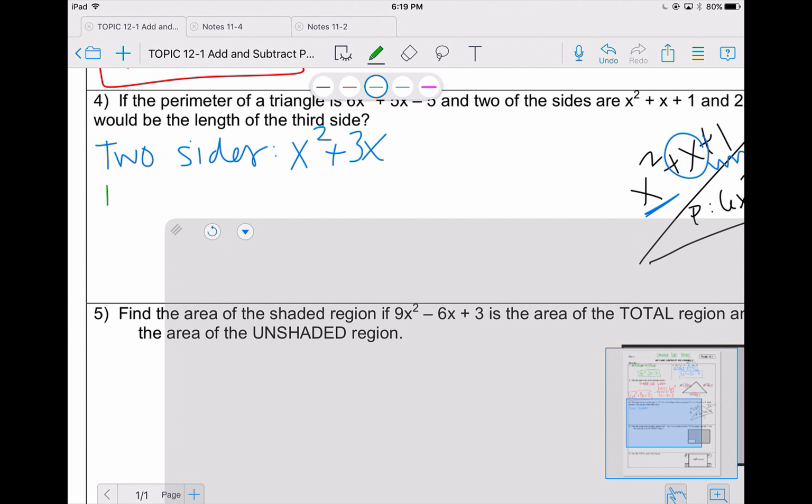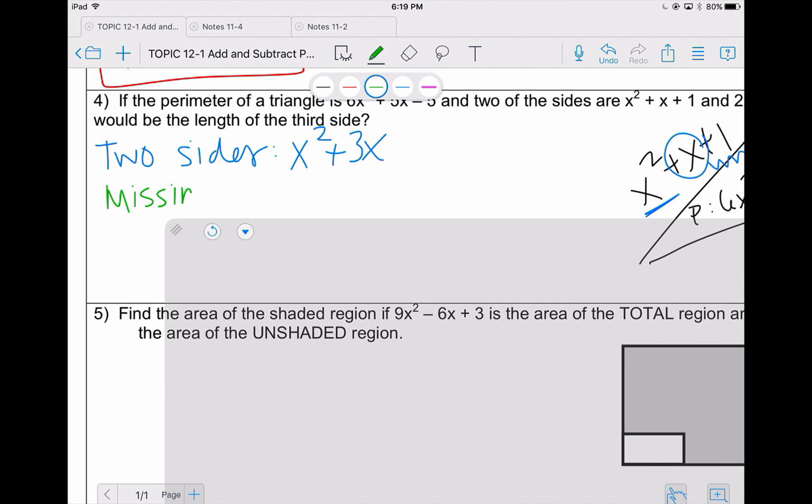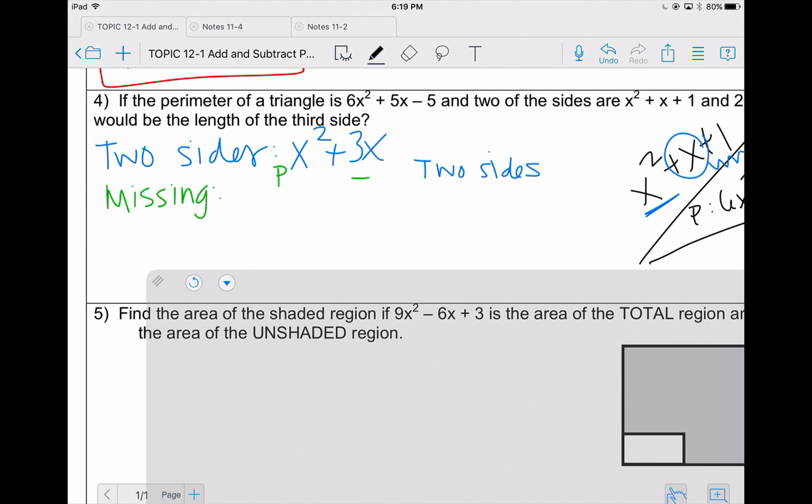So to find my missing side, I'm going to take my perimeter and subtract the two sides that I just found. So the perimeter was given to me, and it's that 6x squared plus 5x minus 5. And then I'm going to subtract all of the x squared plus 3x.